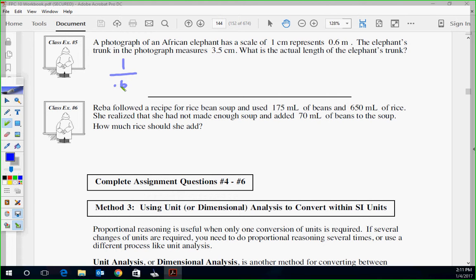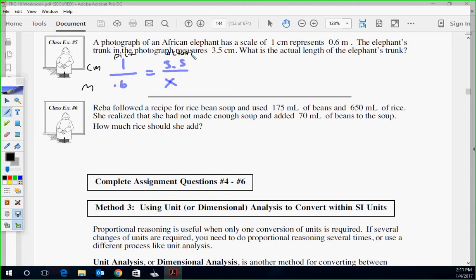And then it says the elephant's trunk is 3.5 centimeters. That's centimeters, so it's on top. Meters on bottom. We want to figure out how long the elephant trunk is in meters. That's all I did there to set that up. So essentially, this is the meters, this is the centimeters. This is the picture, this is the actual. That's how you put up your setup.